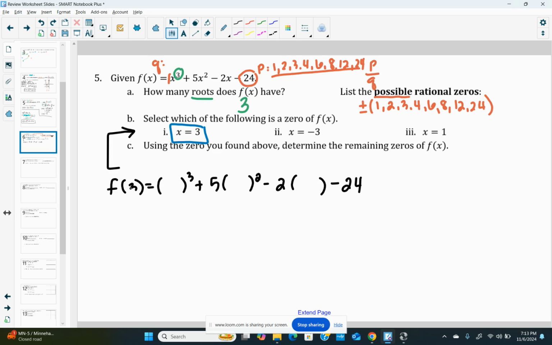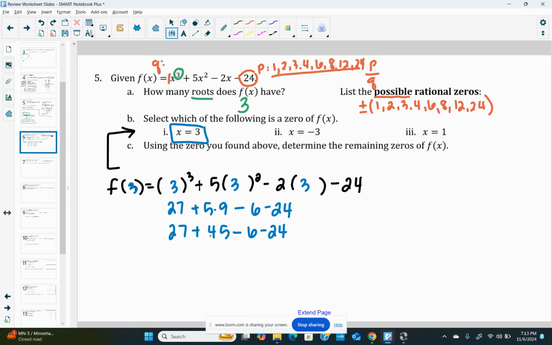So the first one is 3. I'm just going to plug this in for x into the function and then simplify. So 3 cubed is 27 plus 5 times 3 squared, which is 9. Negative 2 times 3 is negative 6. And we still have that negative 24. So we have 27 plus 45 minus 6 minus 24.